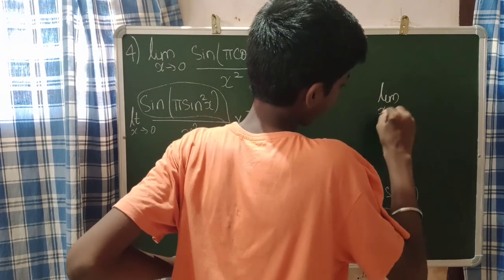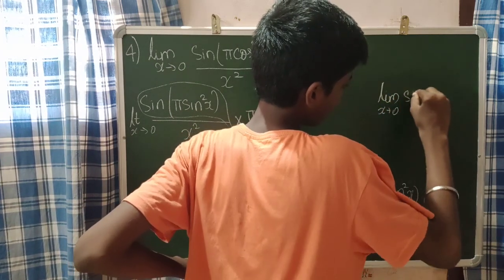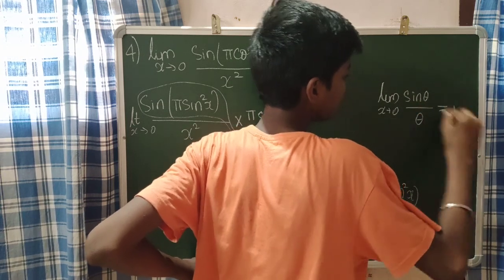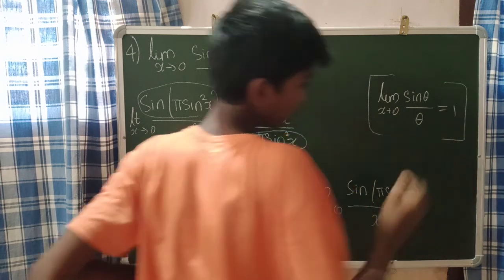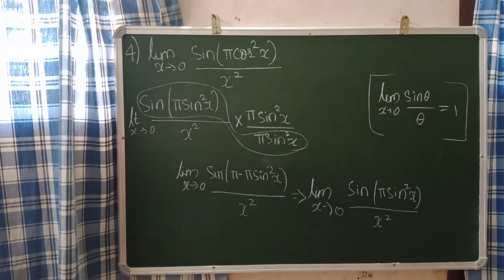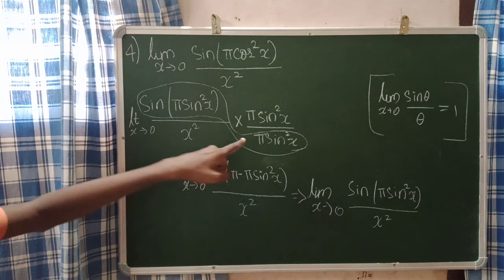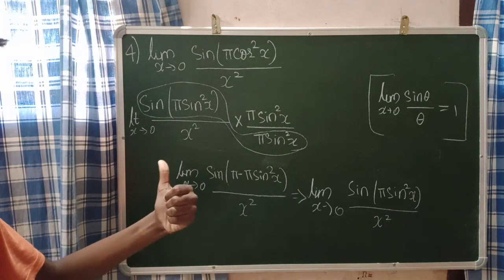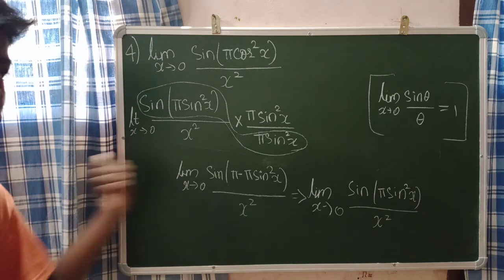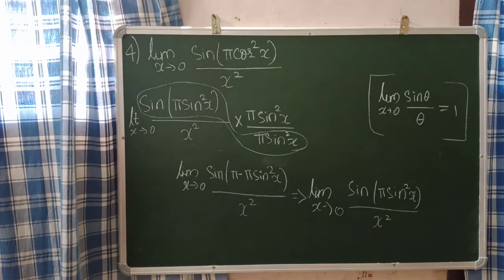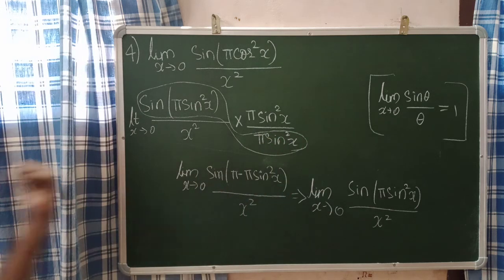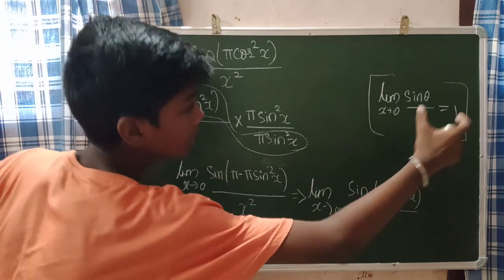Limit of x tends to 0 of sine theta divided by theta will always be equal to 1. Very important standard limit. So sine of pi sine square x divided by pi sine square x will be 1 when your theta tends to 0. That means, sorry, x tends to 0. Okay, never forget that. It will be 1 when your x tends to 0 using this particular standard limit.